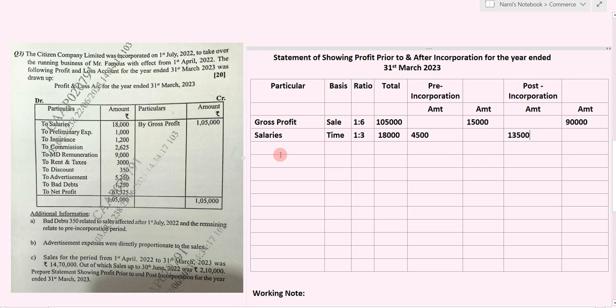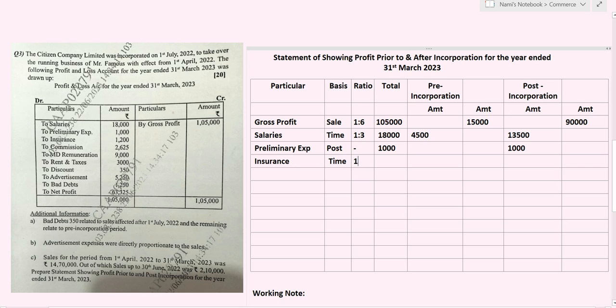After salary, preliminary expenses. Preliminary expenses belong to the post-incorporation period, so there will be no ratio. The entire amount, that is 1,000, will go in the post-incorporation period. After preliminary expenses, insurance. Insurance is allocated on the basis of time.